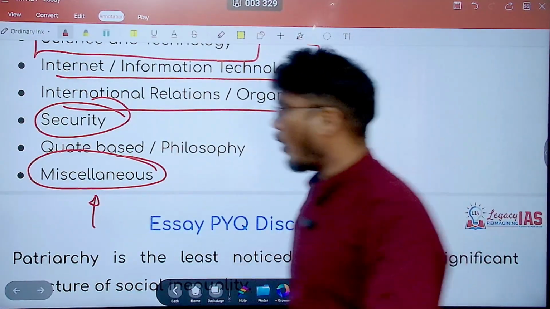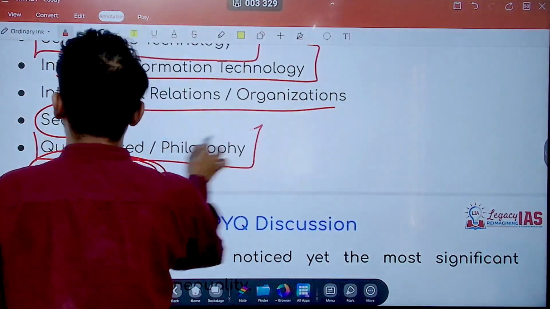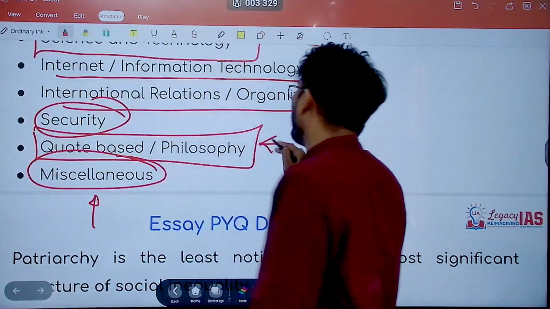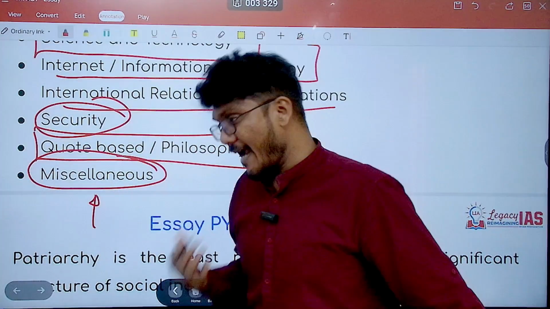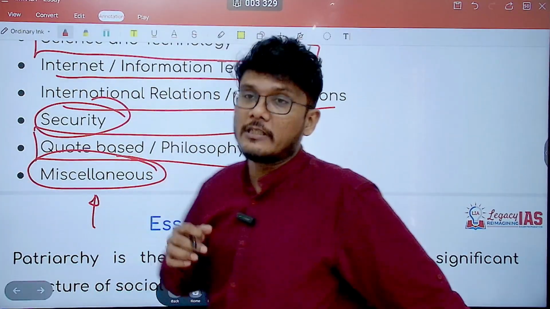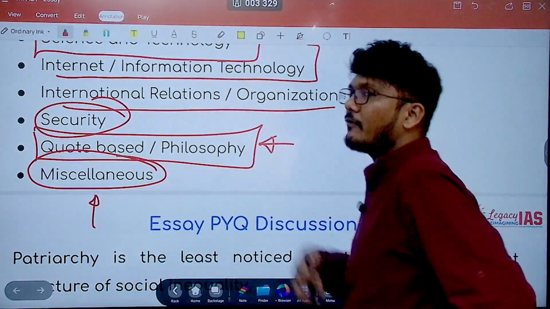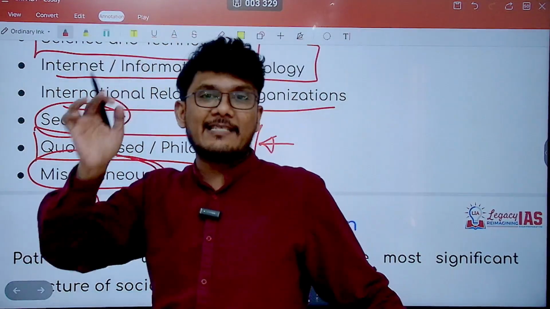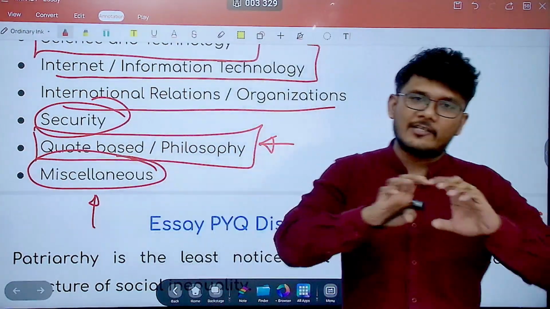But the most important are the quote-based or philosophy-based essays, which have been coming in high numbers in the last few years. In fact, in one year, one section was completely filled with quote-based essays, where they have given a quote, that's it.